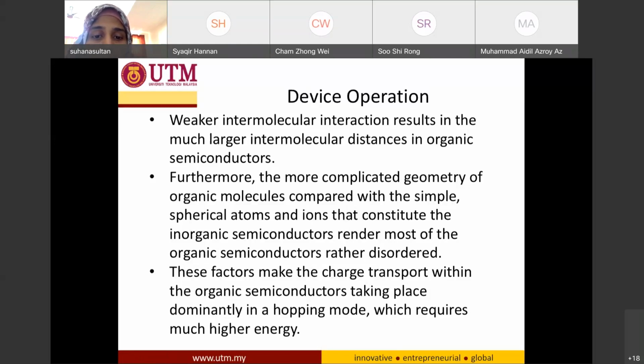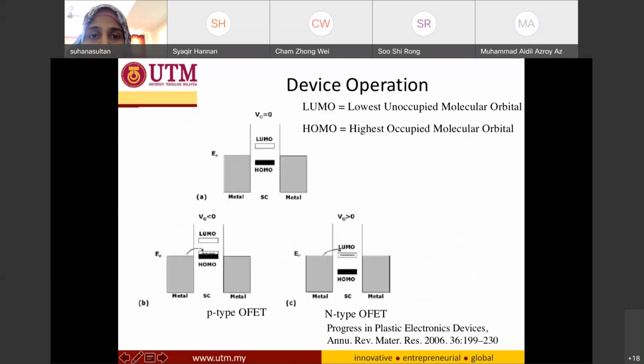So these factors make the charge transport within the organic semiconductor take place dominantly in a hopping mode, which requires much higher energy. Like I have mentioned, the Fermi level must be close enough so that the electrons can hop. Similarly, for this one, the Fermi level must be close enough so that the holes can be transported into the channel.